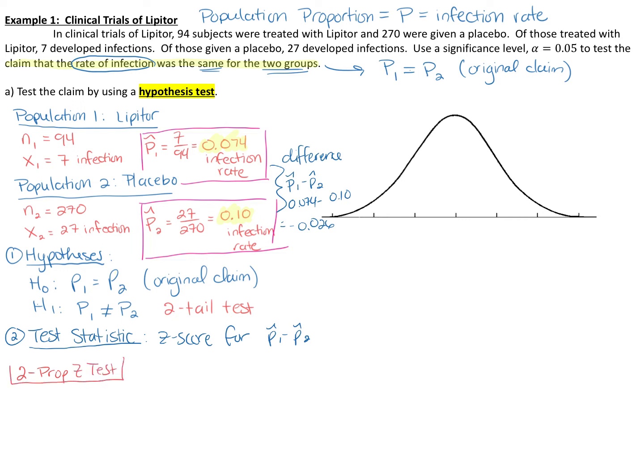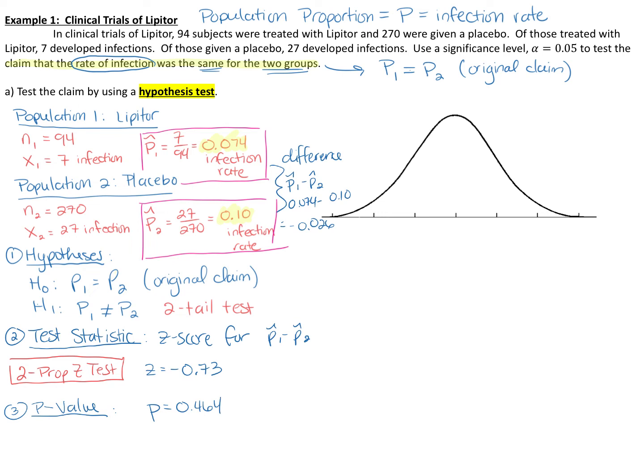Two because we have two independent samples, proportion, and then we always use a z test. When you do that on your calculator, it's going to give you a z-value of negative 0.73, and it's also going to give you the p-value. I'm going to write down the p-value here, and that p-value is 0.464.